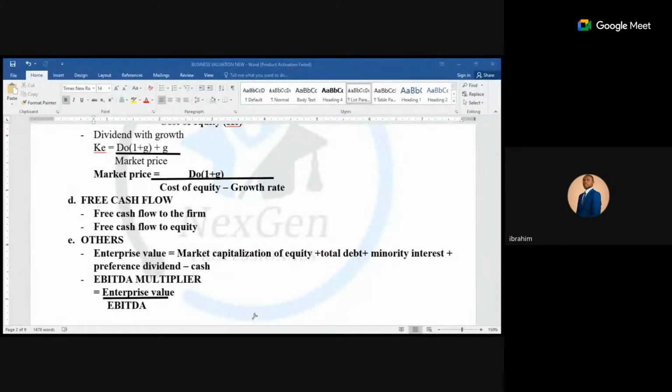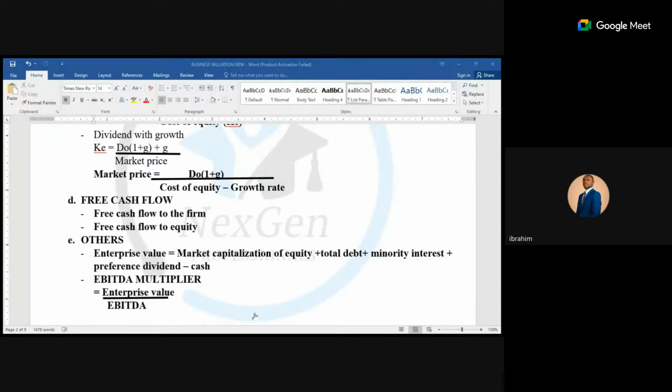You don't acquire cash. So we give you the enterprise value of the business. That is the market value of the company.